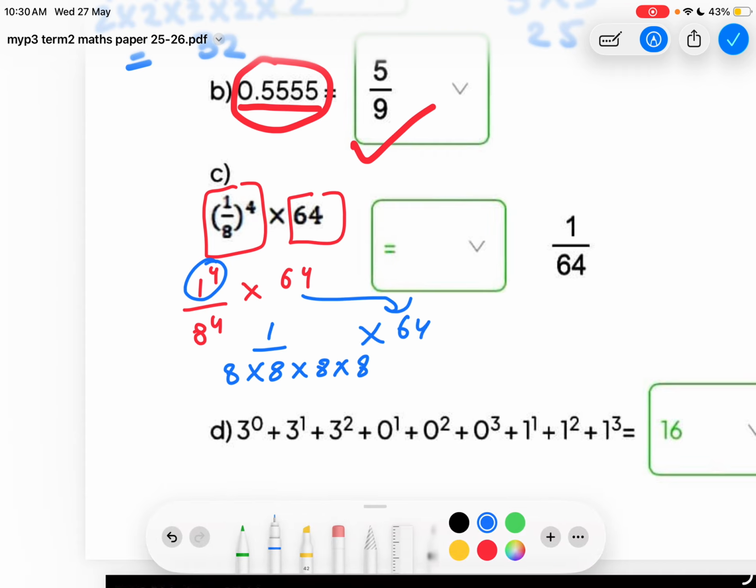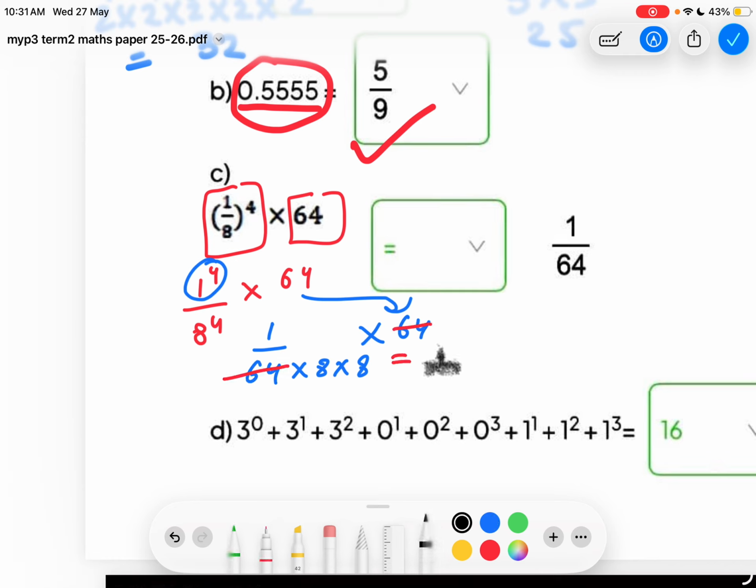So instead of this 8 into 8, which is 64, I can write 64. And why did I do that? So that I can cut this. In the numerator I have 1 only, and in the denominator I have 64. So 1 upon 64 here as well, and in the RHS as well.